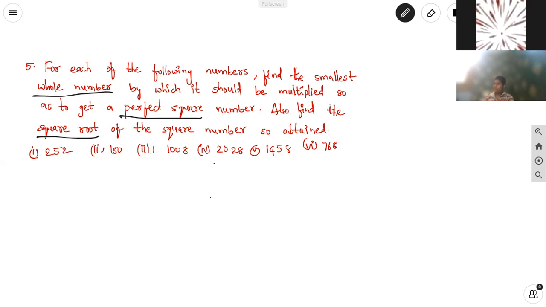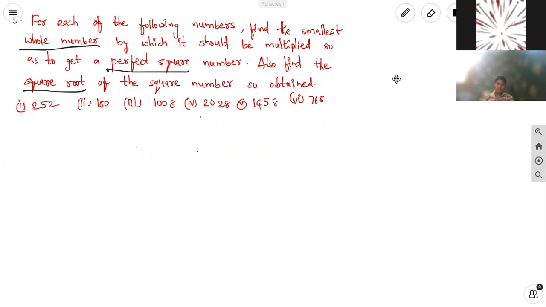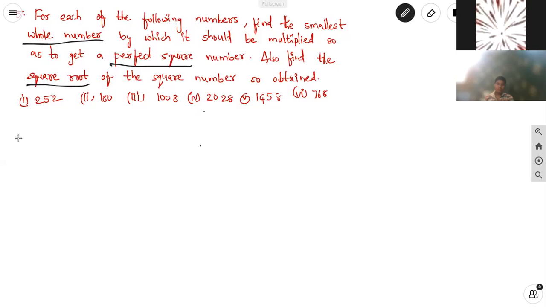Okay. Now, we can take the first problem. The first problem is 252. 252, we can find the prime factors by the method of prime factorization. Here, division method: 2 1s are 2, 2 2s are 4, 1 is the remainder, 2 6s are 12.